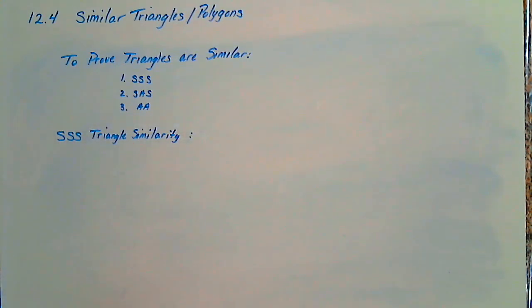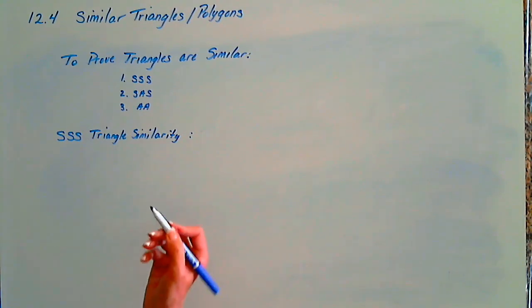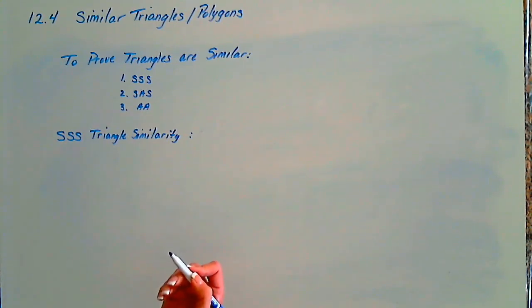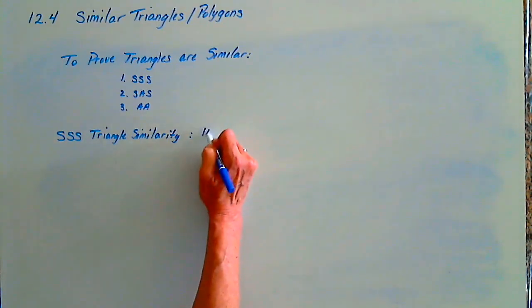However, we're not talking about congruent segments. We're talking about sides being proportional. So if the lengths of corresponding sides of 2 triangles are proportional, then the triangles are similar.